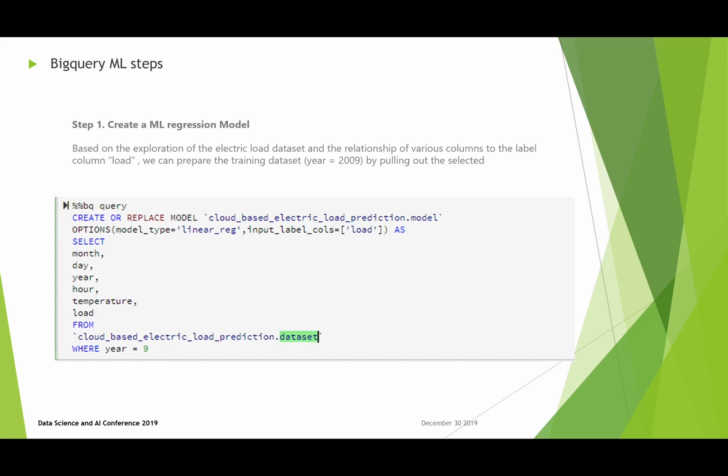Although the script is running in Data Lab, the query takes several minutes to complete. After the first iteration is complete, your model appears in the navigation panel of the BigQuery web UI.